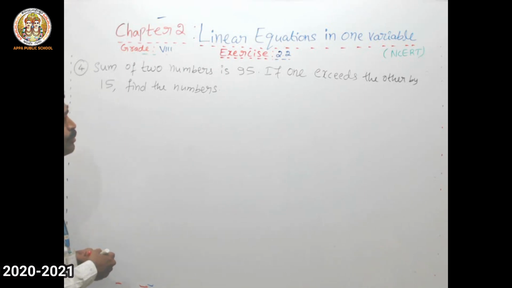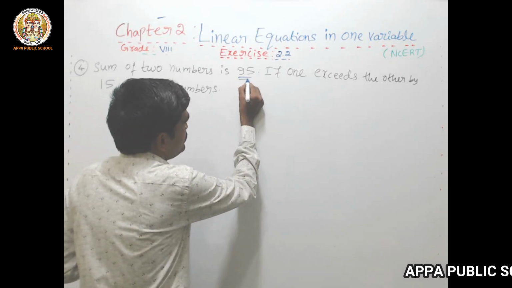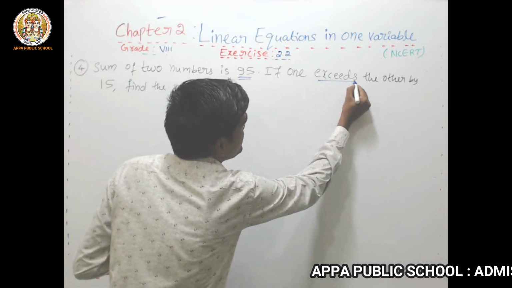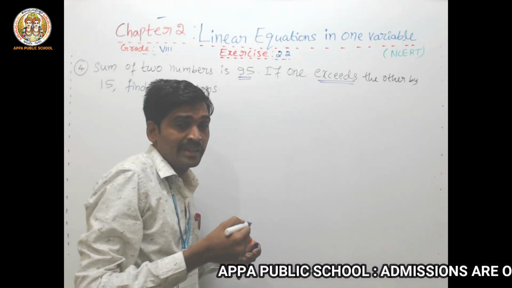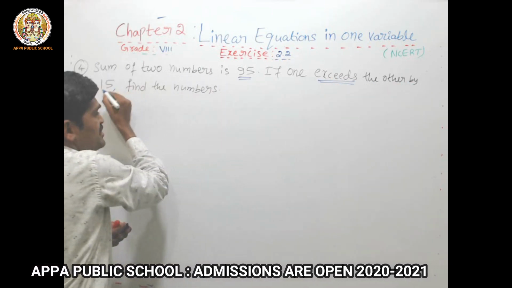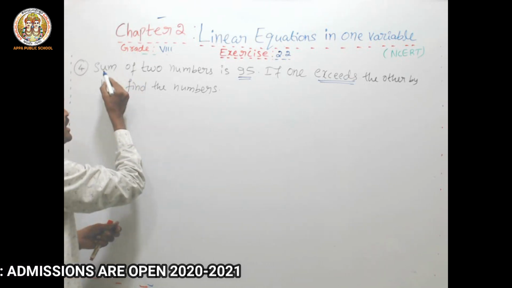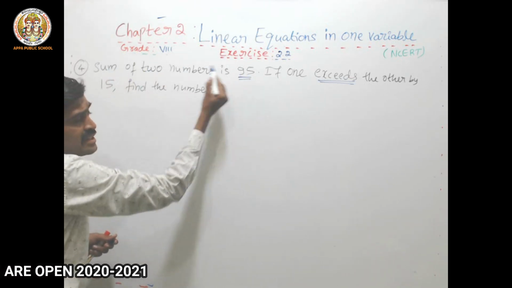So, fourth problem. Sum of two numbers is 95. If one exceeds, meaning increases or is greater than, the other by 15, find the numbers. We don't know the two numbers, but the hint given is that the sum of the two numbers is 95.